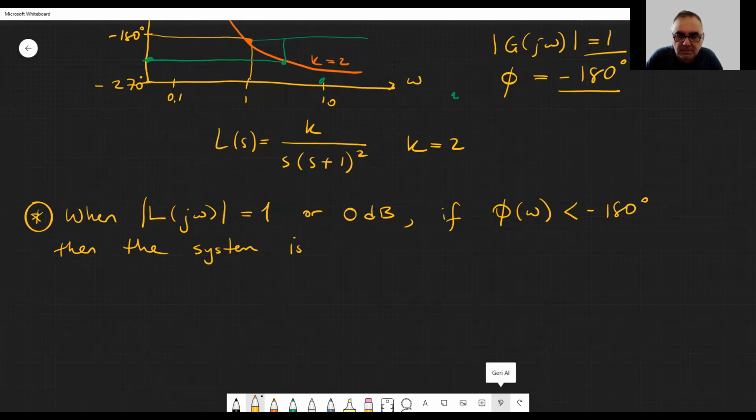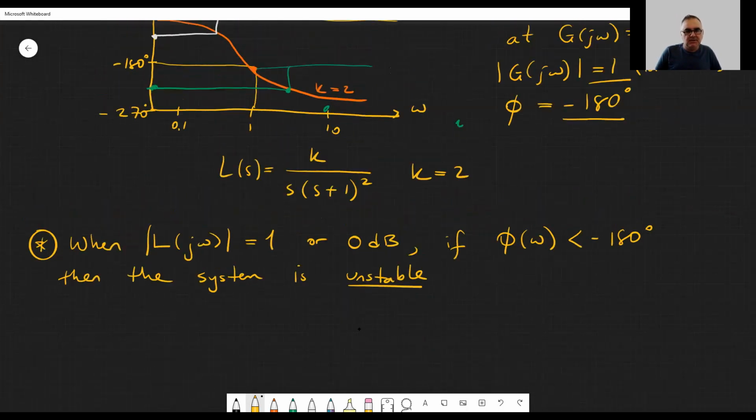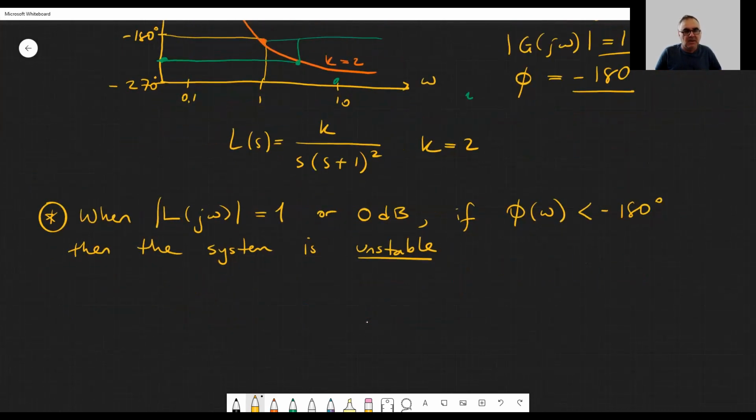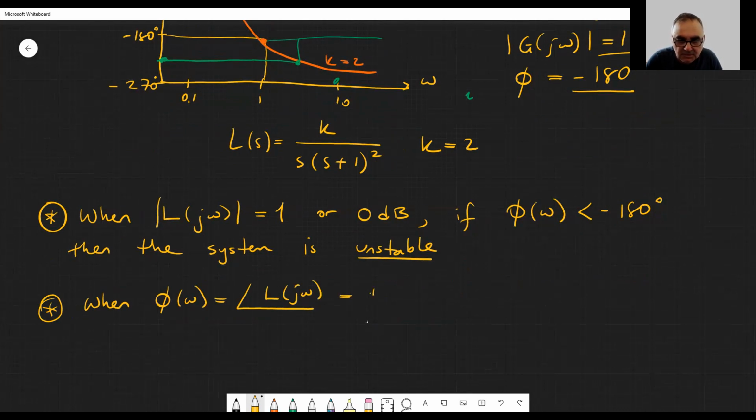This is more than minus 180. Conversely, this is one thing. Another thing is when phi of omega, which is the angle of L of j omega, equals 180 degrees.